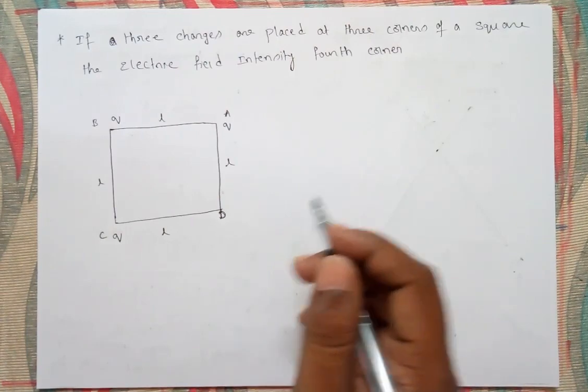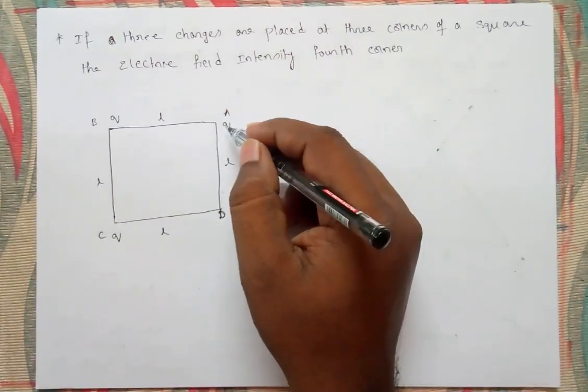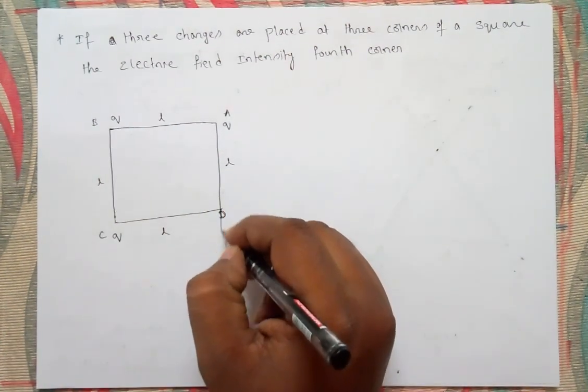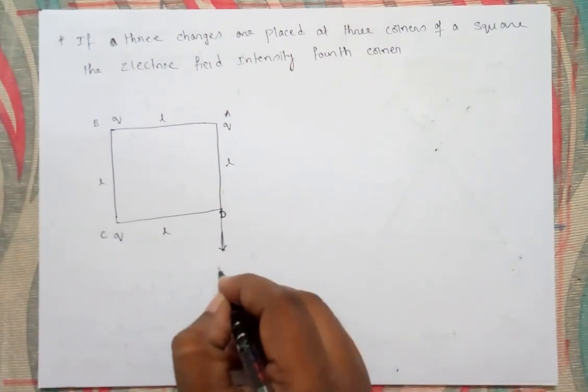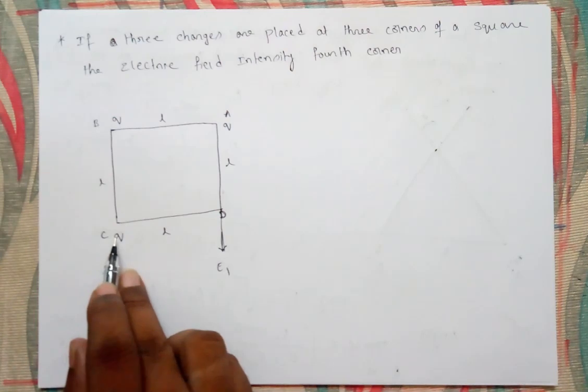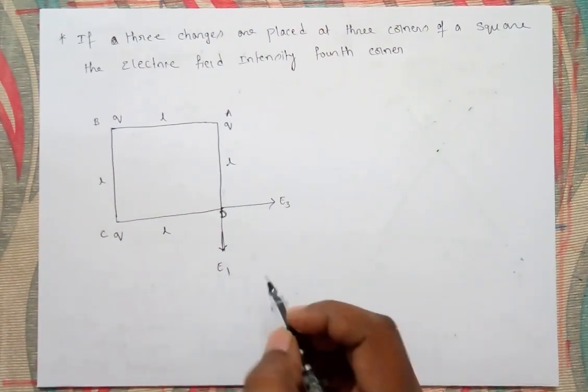Now the electric field intensity due to a positive charge is away from it. Due to the charge at A, the electric field intensity at D, which is away from it, is E1. Due to the charge at C, it is E3, which is away from it.